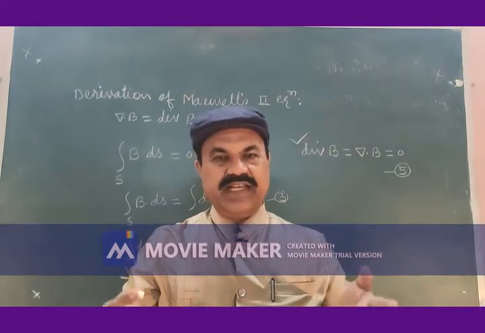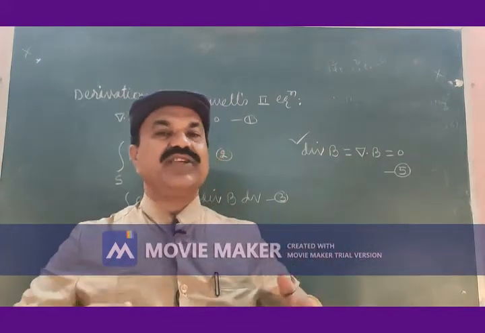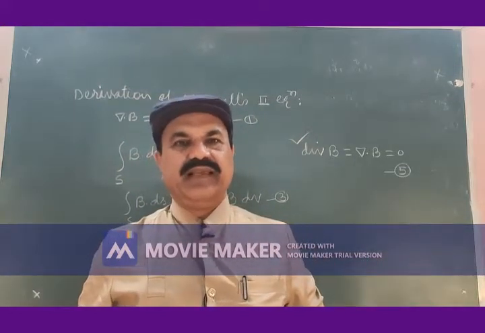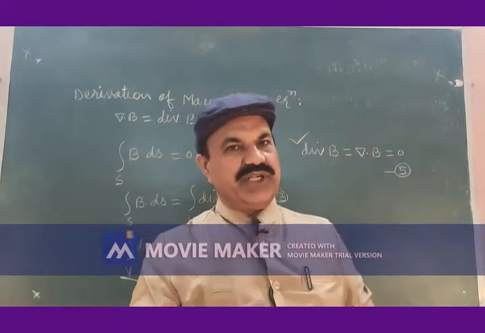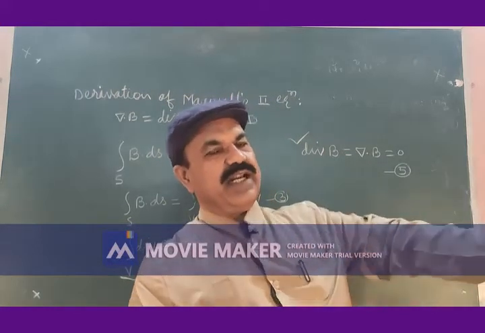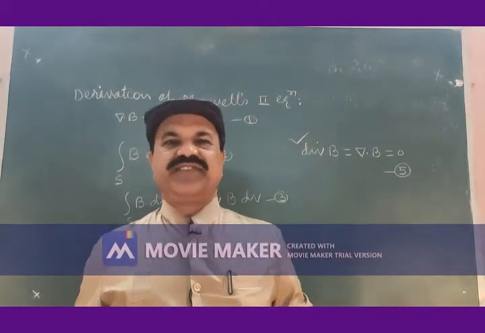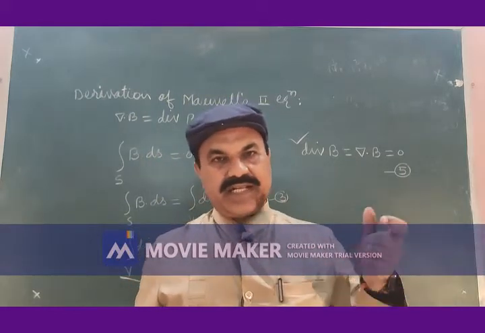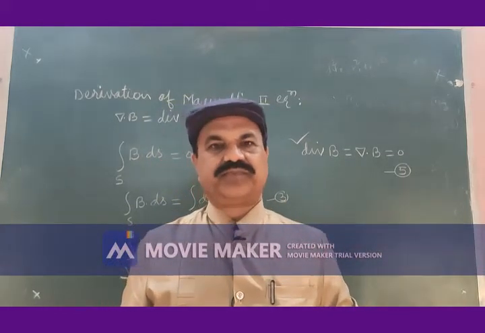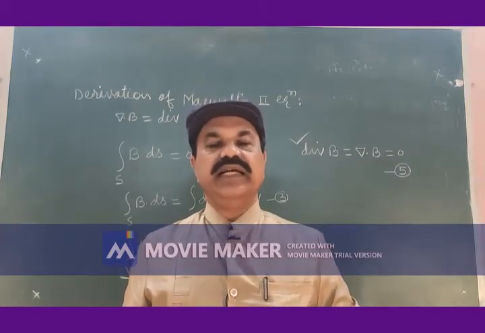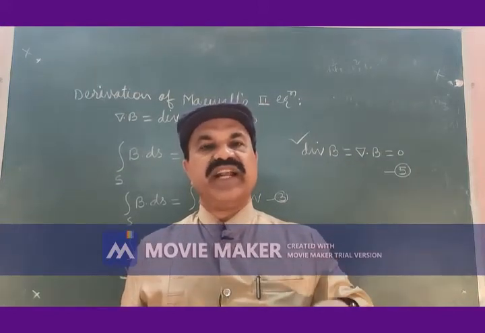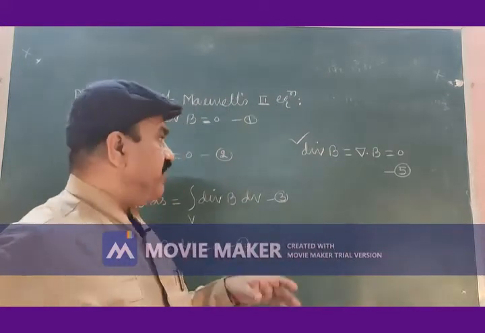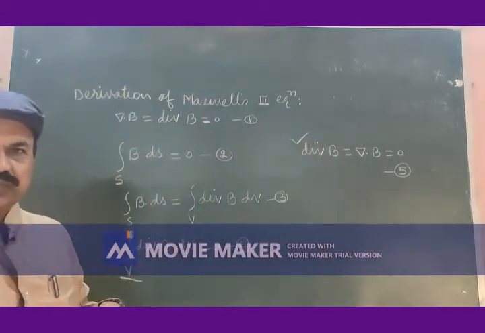Keeping this idea in mind, let us consider a surface. The number of lines of force entering a surface is always equal to the number leaving that surface. This is always true in actual practice, therefore the net flux of magnetic induction within the surface is 0, which is represented by equation 2.